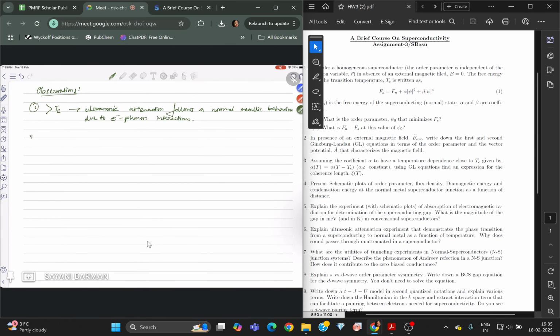Now, below TC, attenuation drops due to the formation of superconducting Cooper pairs.